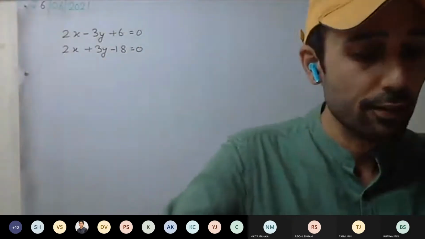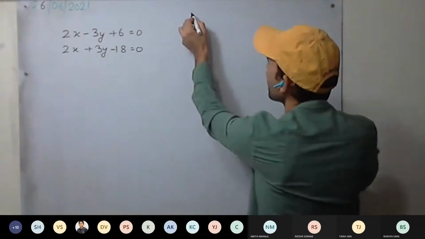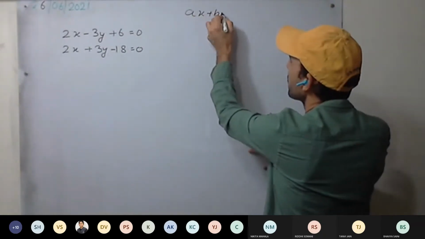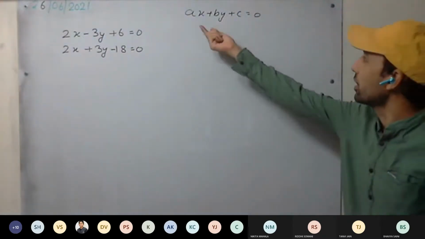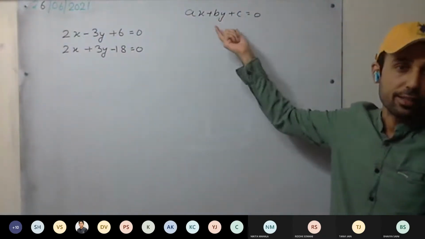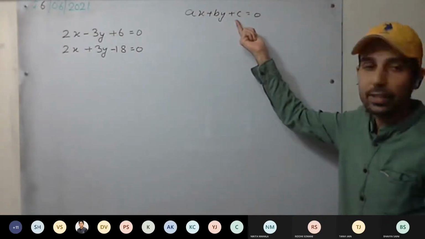The equations are given in standard form. See here, the standard linear equation is ax plus by plus c equal to 0. This is the standard form in which a linear equation is represented.